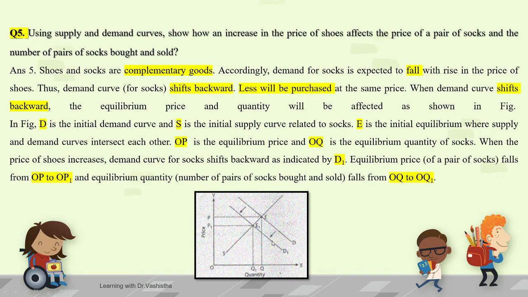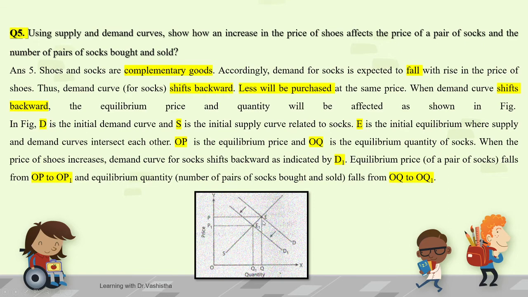Now here you can see there is a diagram showing that. Here the original demand curve is D. Now since the price has gone up, the demand curve has shifted backwards to D1. When the demand curve shifts backward, the equilibrium price and quantity will be affected as shown here. So here D is the initial demand curve, as I've already told you. S is the supply curve related to socks. E is the initial equilibrium where supply and demand intersect each other and are equal.